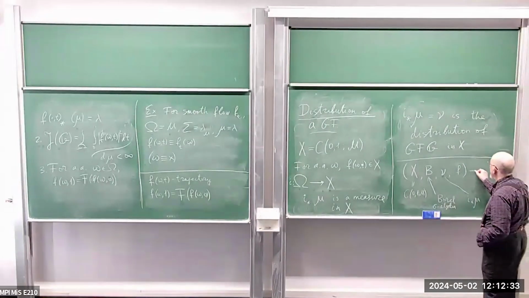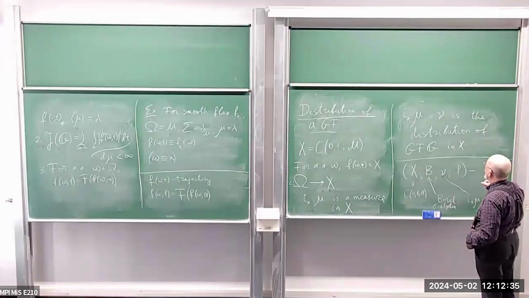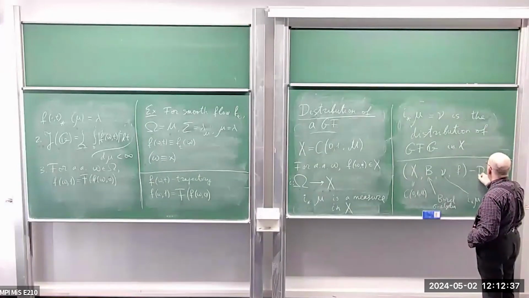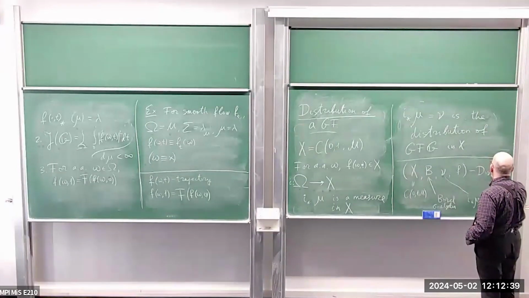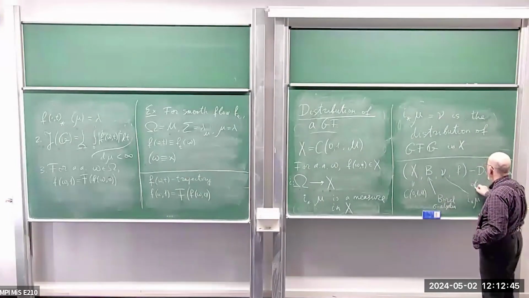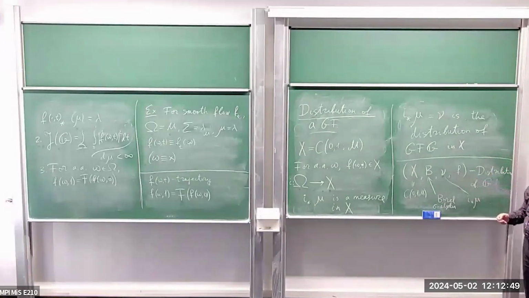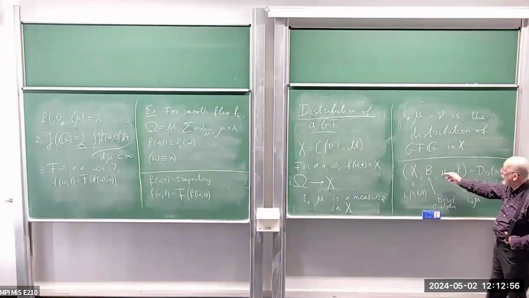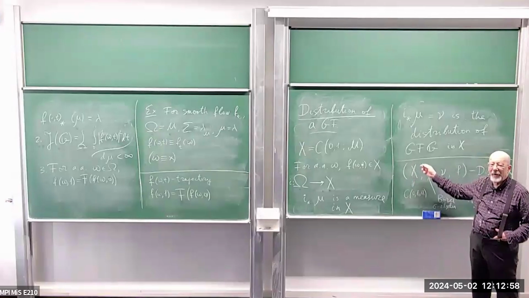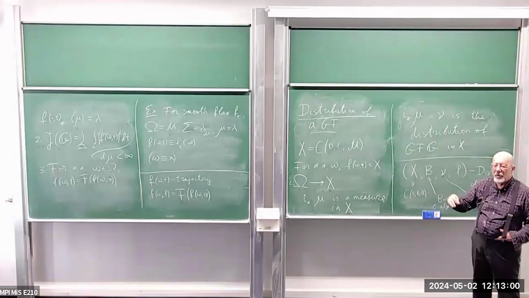I would call it the distribution of G. Or we can consider it as the generalized flow itself. Simply, instead of omega, we have the space X, and it is one for all the generalized flows which we consider.